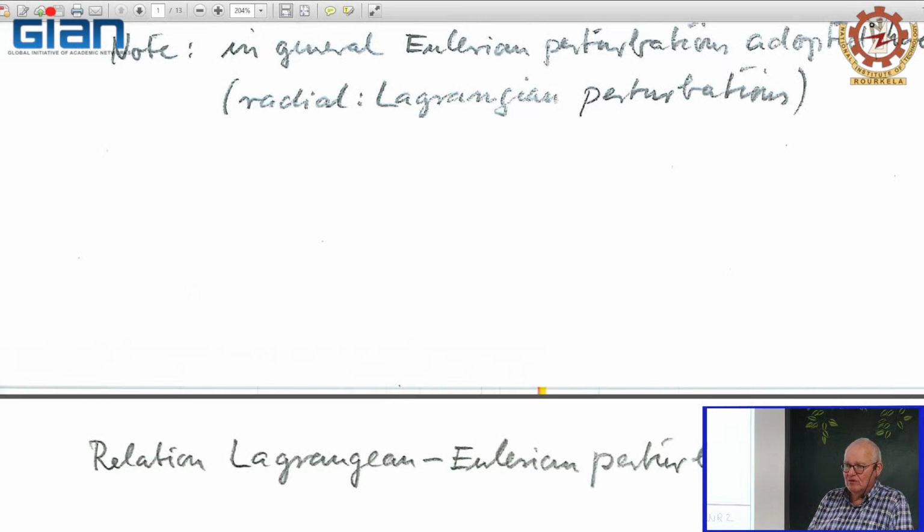This is different because when you consider the Lagrangian displacement, you follow, for instance, the distortion of the surface of the photosphere of the star. So once you follow the distortion of the surface, you require that the pressure perturbation with respect to the perturbed surface has to be zero.